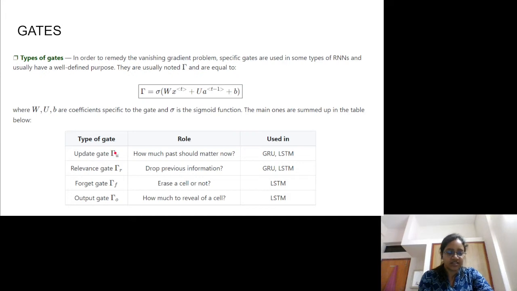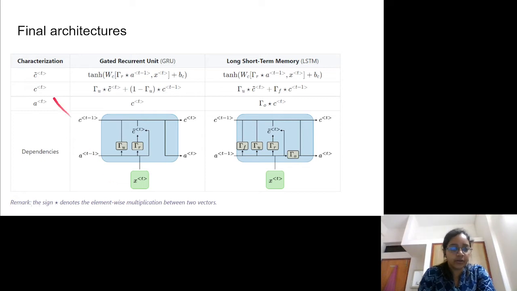I've forgotten whether this is delta or lambda. It's gamma. Sorry, thank you. So this gamma u, gamma r, gamma f, and gamma o, these are the four gates. Just remember these signs, and let's go through it.